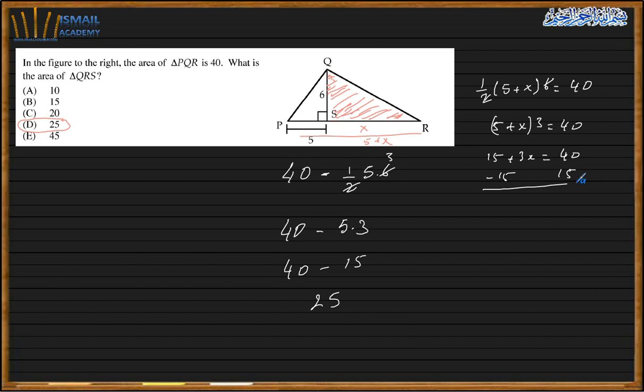So this is 25 over 3. So to find out the area of QRS over 3, and this is what. Now you see ways to do this question. All right, let's move on.